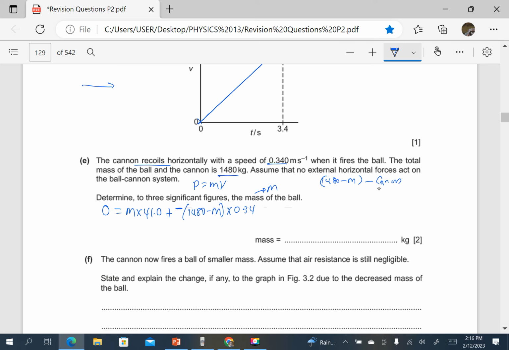Now we just simplify. We take the other on the other side. So we have that 41m equals, on the right hand side, 1480 minus m, then times 0.34.